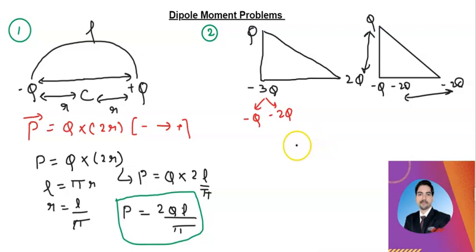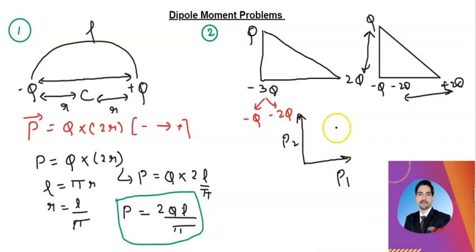Direction of the first dipole will be what? Here this is plus 2q, minus 2q, minus q, plus q. So the first dipole direction is negative to positive. Another will also be from negative to positive. I can take this to be P1, this to be P2.